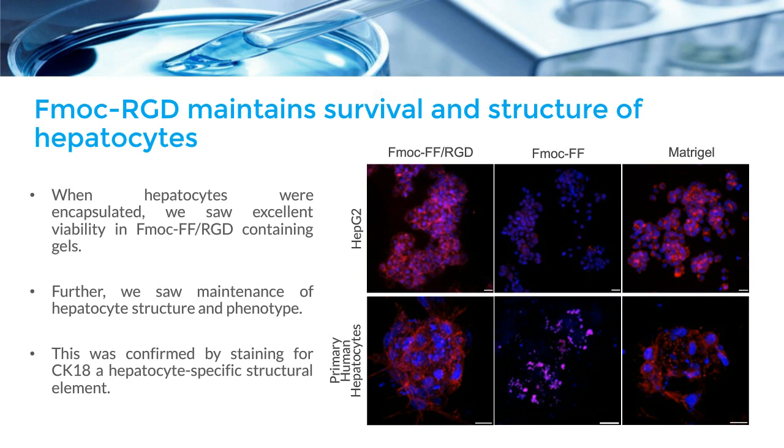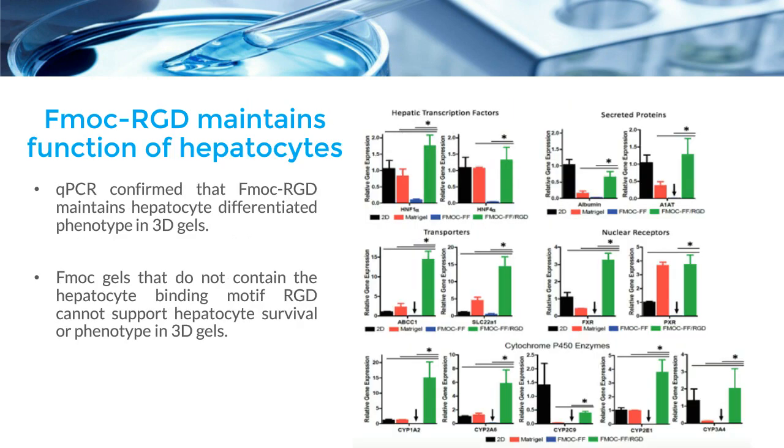So we then used quantitative real-time PCR to see whether these peptide hydrogels are able to maintain the differentiated function of the cells. We looked at a variety of different domains of hepatic function. We looked at a variety of transcription factors, which we found are more robustly expressed and maintained as compared to traditional two-dimensional model systems.